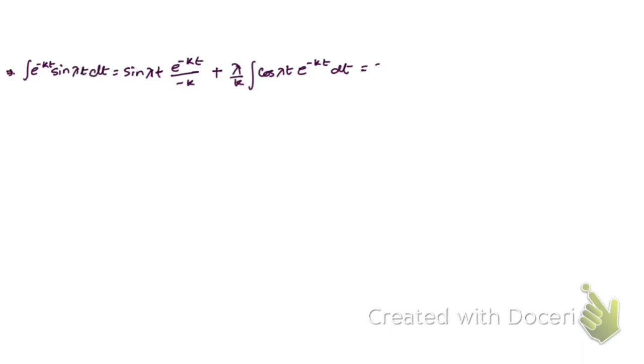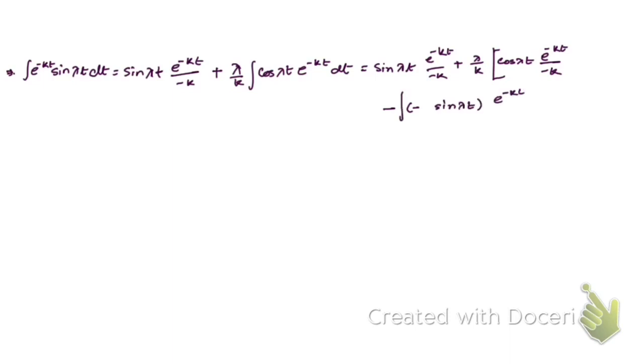In the second part, if we apply the u into v rule again, the integration of the product of two functions u into v dx, then we're going to get this result, right? Here you see, that's what we're going to have.